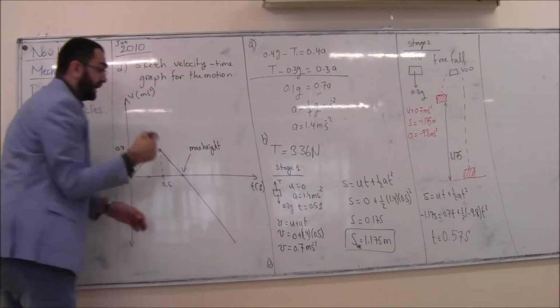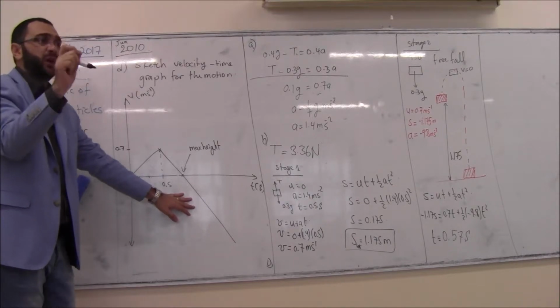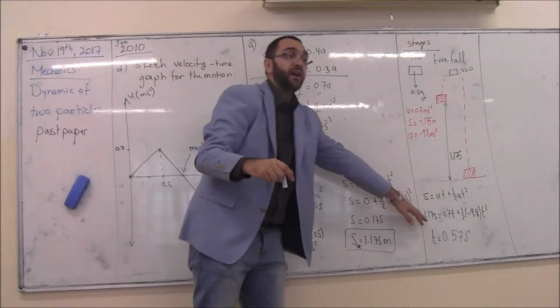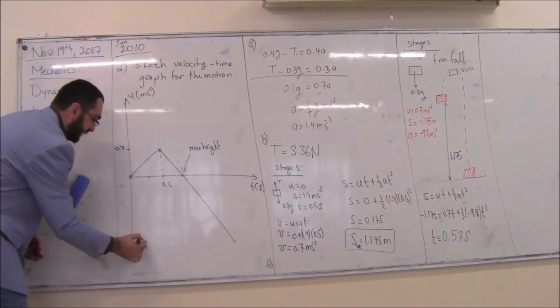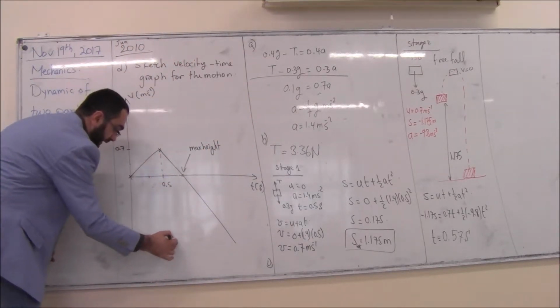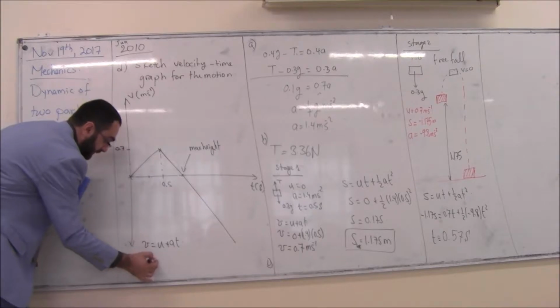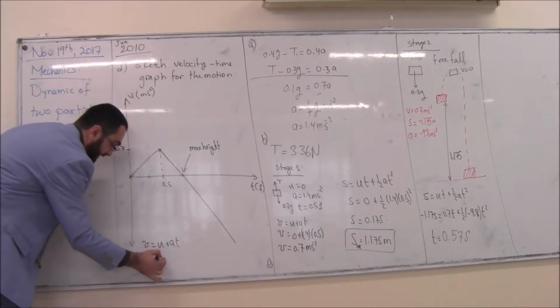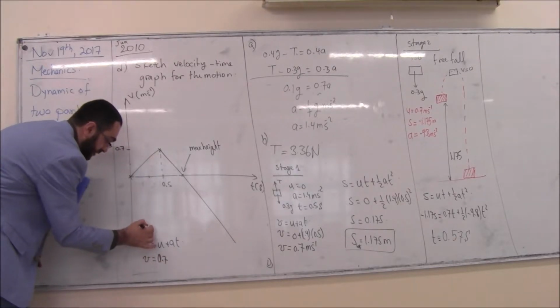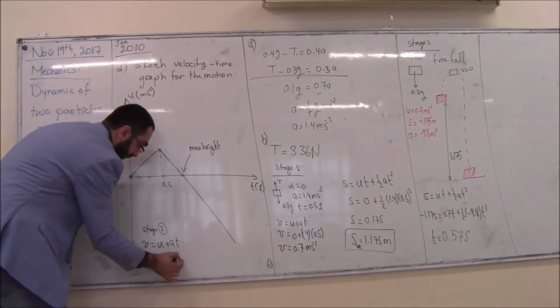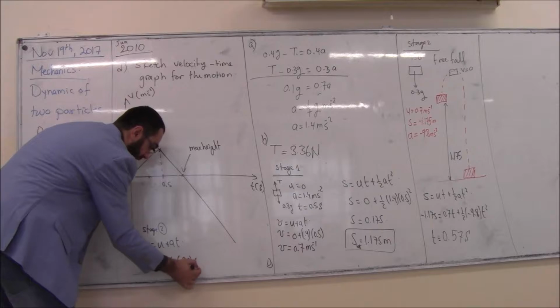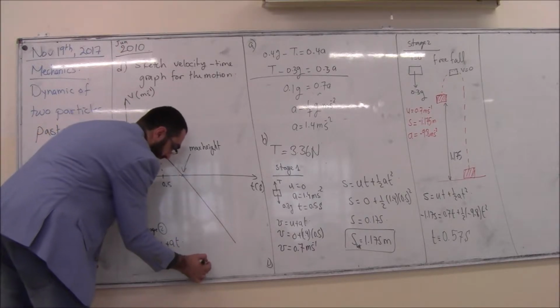If you are asked specifically about a certain time, we have to find the final velocity at this moment. V equals U plus AT. V equals 0.7, this is the second stage, plus A, minus 9.8, times 0.57.